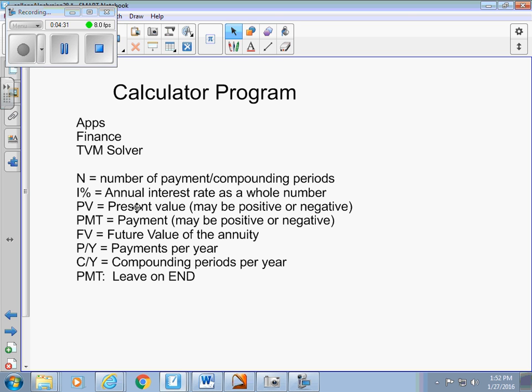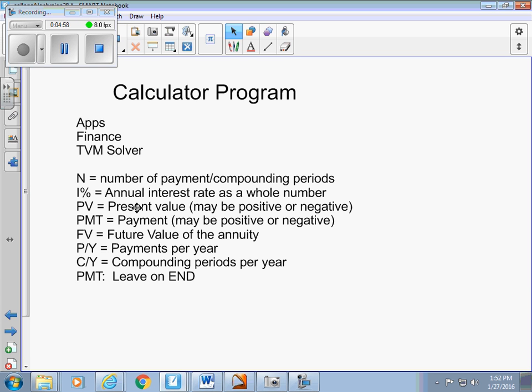It's whatever the starting value is. PMT is the payment. FV is the future value. On a loan, you always want the future value to be 0 because you want to pay it off. For future value, if we're doing a retirement account or something, it would be the amount we have at the end of the account.